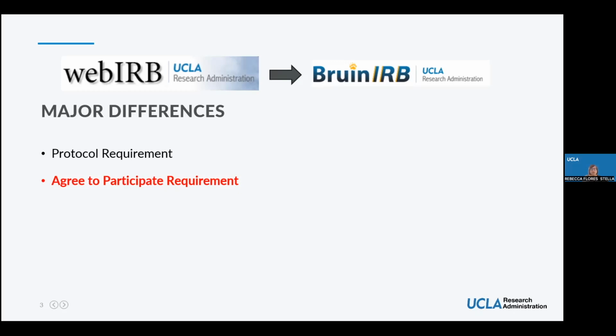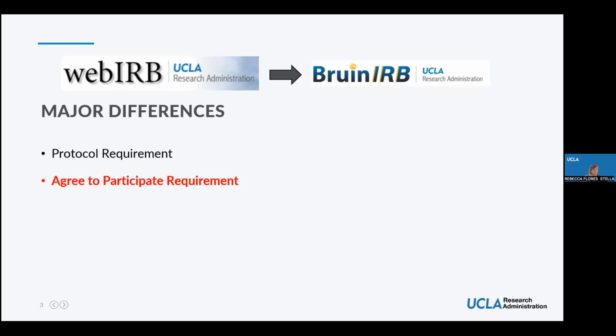However, for those of you who aren't working with an industry sponsor who's provided you with a scientific protocol, you may need to create one. As you know, we have developed 3 templates: one for biomedical research, one for behavioral, social science, and educational research, and one for a secondary analysis research study, so data analysis or specimen analysis, that you'll address as part of your upload. BruinIRB will not allow you to submit without a detected protocol upload, so you want to keep this in mind.